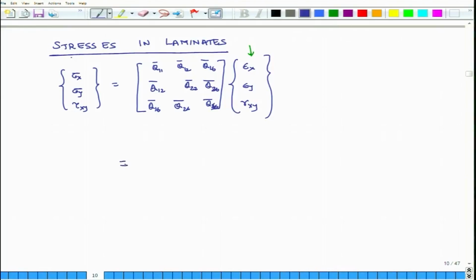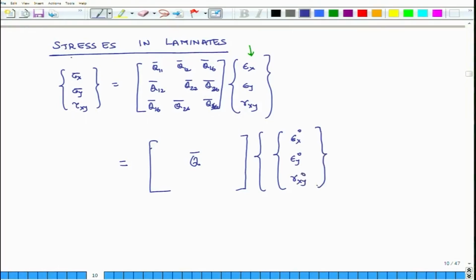So, in short we can write it as, so this is my q bar matrix times epsilon x naught, epsilon y naught, gamma x y naught plus z times curvatures.